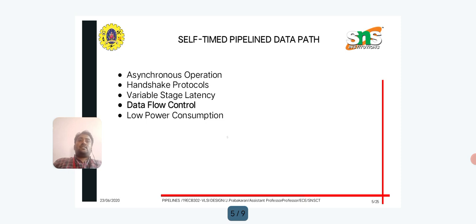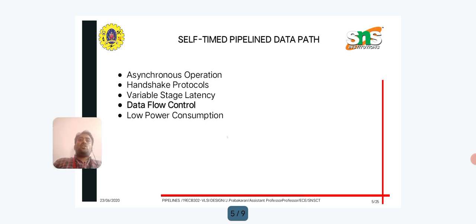This is in contrast to traditional clocked pipelines, which rely on a central clock signal to synchronize data movement between stages. In a self-timed pipeline, each stage operates independently and only proceeds when it receives an acknowledgement from the next stage that it is ready to accept new data.